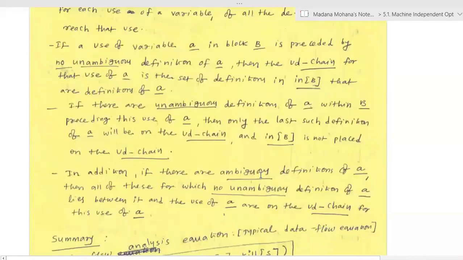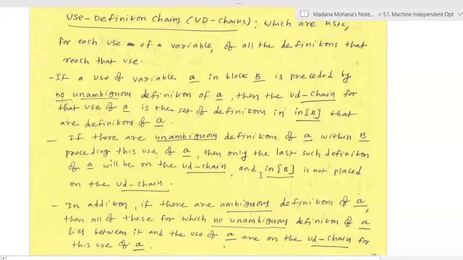Okay, now another concept, use definition chains. Simply, this can be called UD chains. Earlier I already mentioned this point is very important in flow graph.